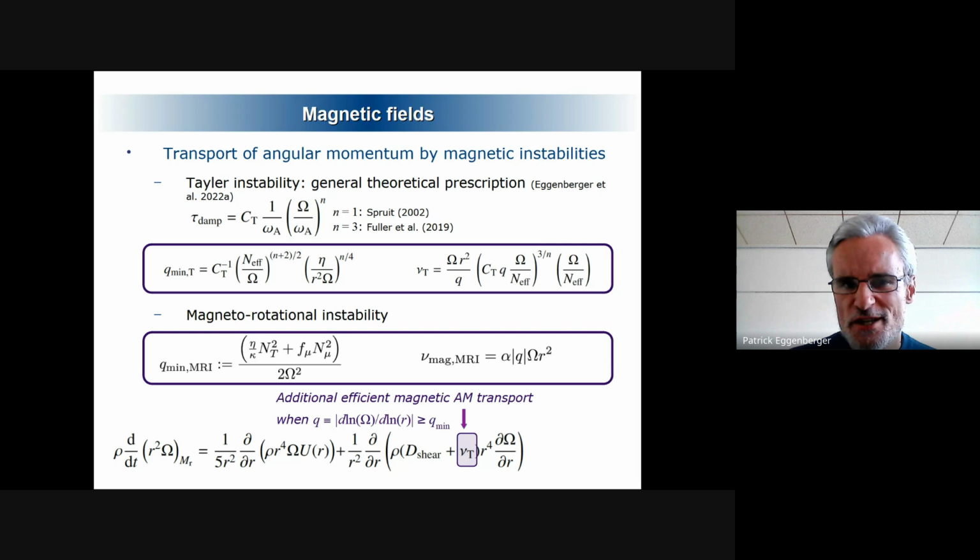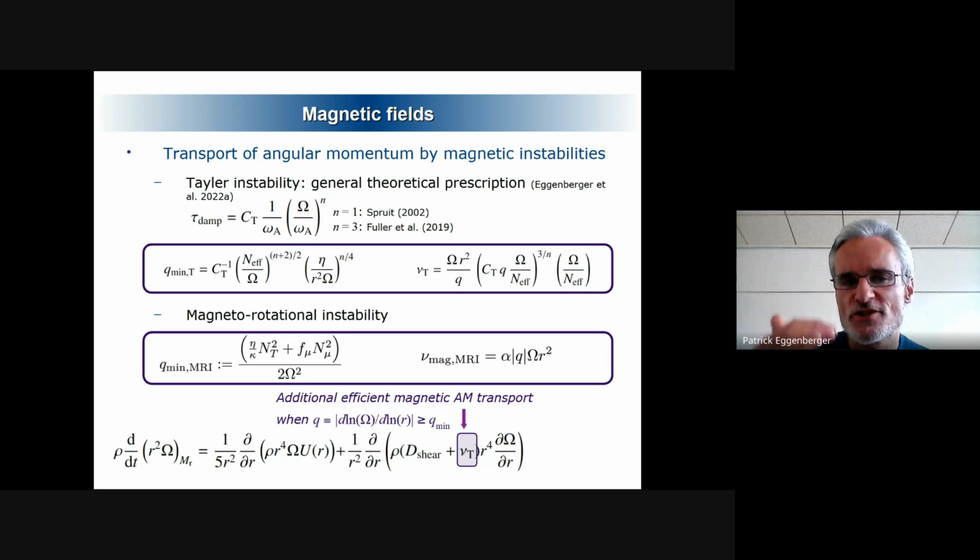I will not go into too much detail, but the key point is the following. Within the framework that we have seen before, we will add some additional transport process that is only effective above a given threshold for the instability to set in, and this threshold is given by the degree of differential rotation. If you don't have enough differential rotation, you are not able to have this instability.